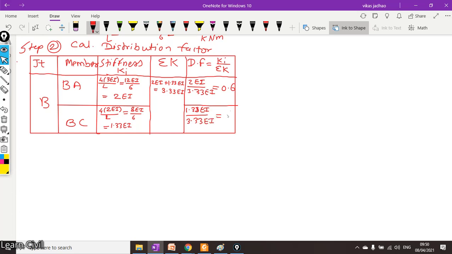So this will be equal to 0.4. Always keep in mind that at any joint the sum of the distribution factors will be 1. You can see here 0.4 plus 0.6, we have got 1.